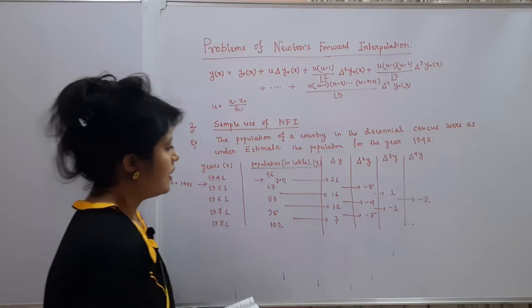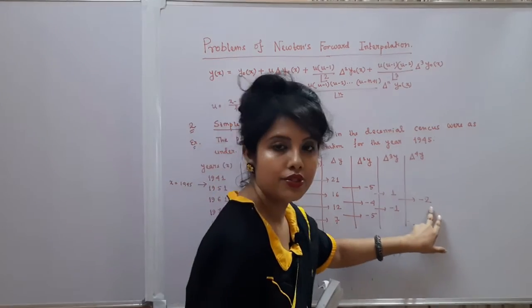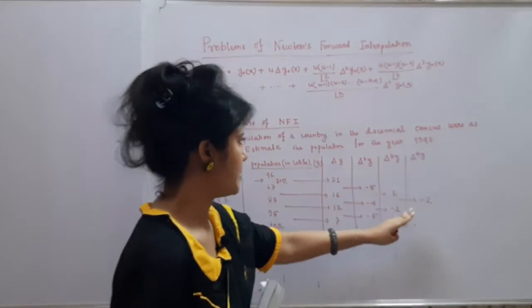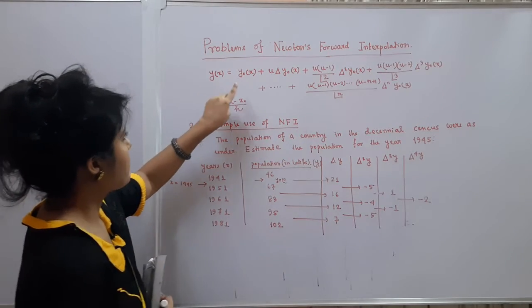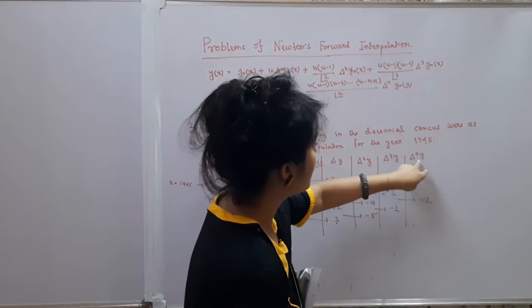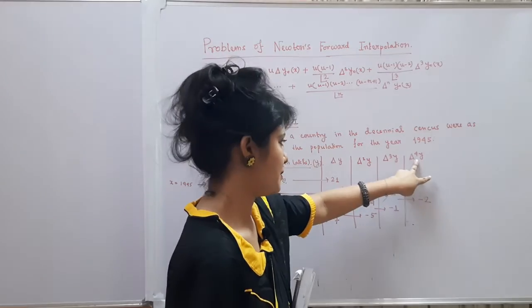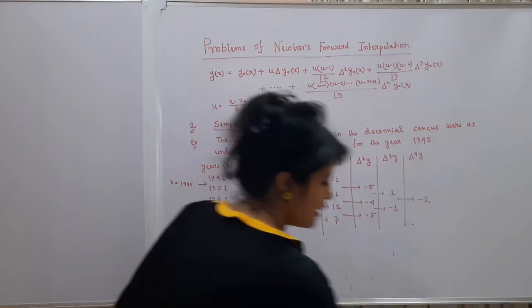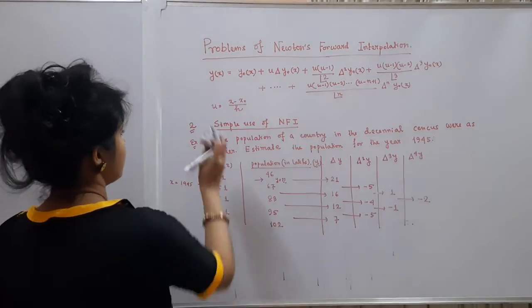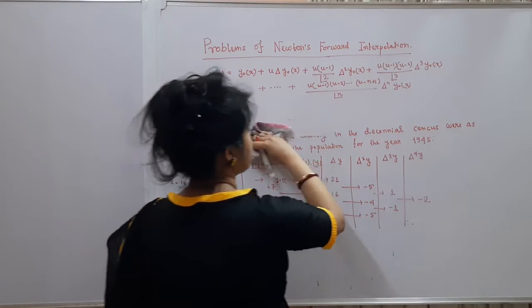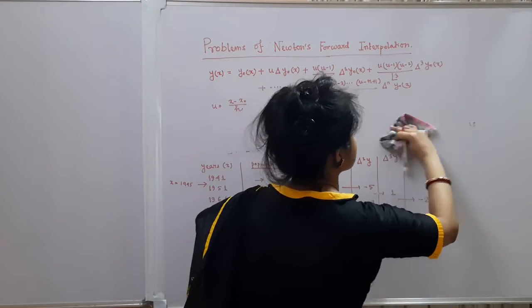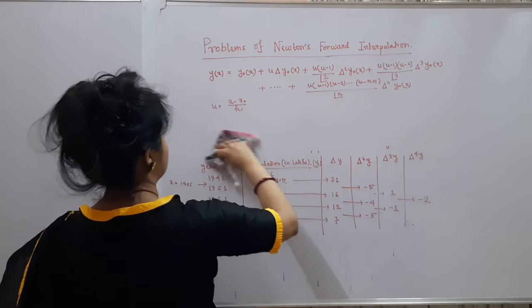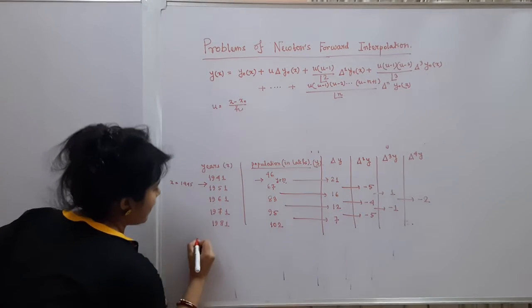Okay. So I have reached a single value. Now I can stop this. So you have to apply this formula up to delta 4 y0. Okay. Now using Newton's forward interpolation formula, I am just removing the question. Now what is u?